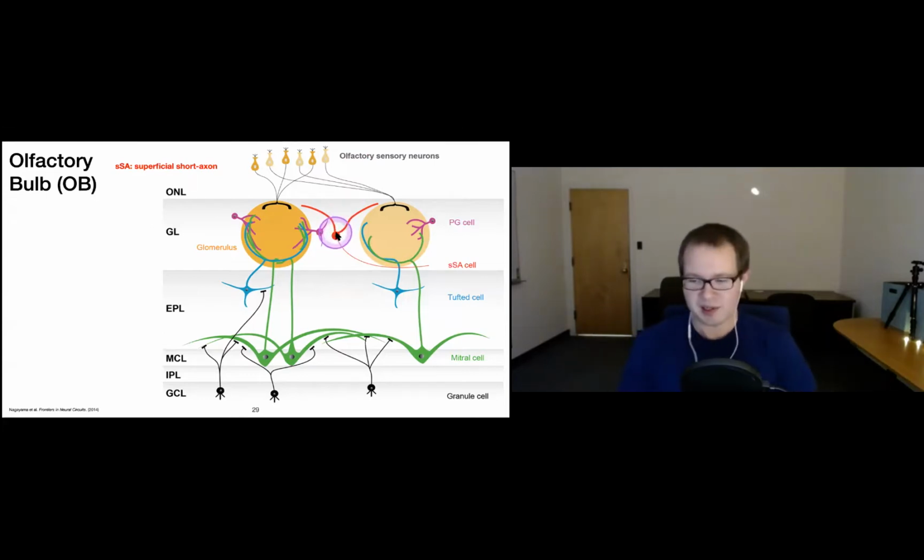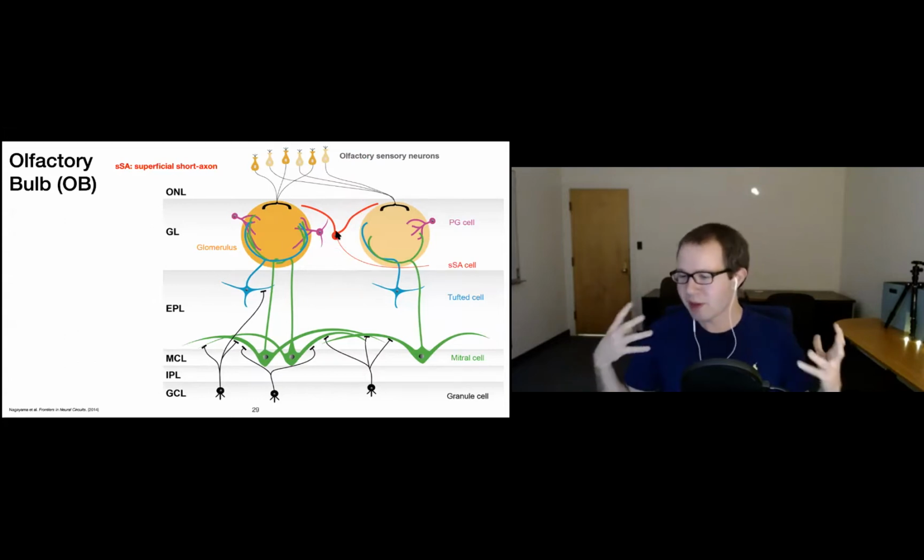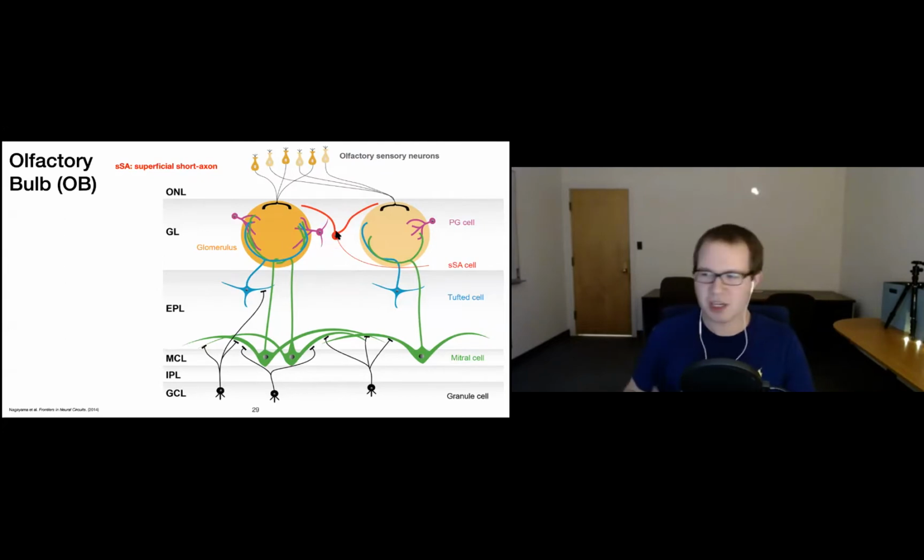They connect glomeruli. We've seen them before, but we have no idea about anything beyond their existence. We don't know whether glomeruli that are close together have stronger connections, or whether there is some spatial layout to this connectivity. So that's the second question that I've been looking at in my research.